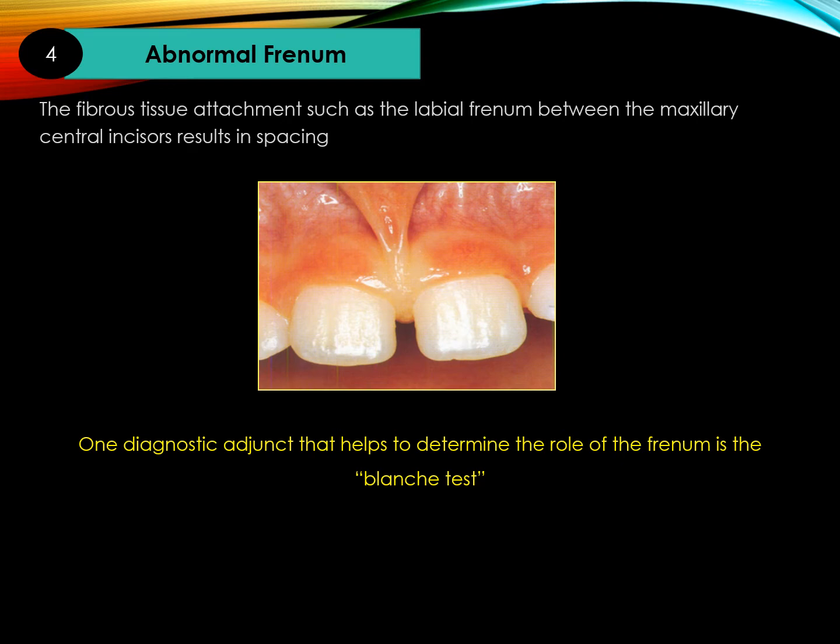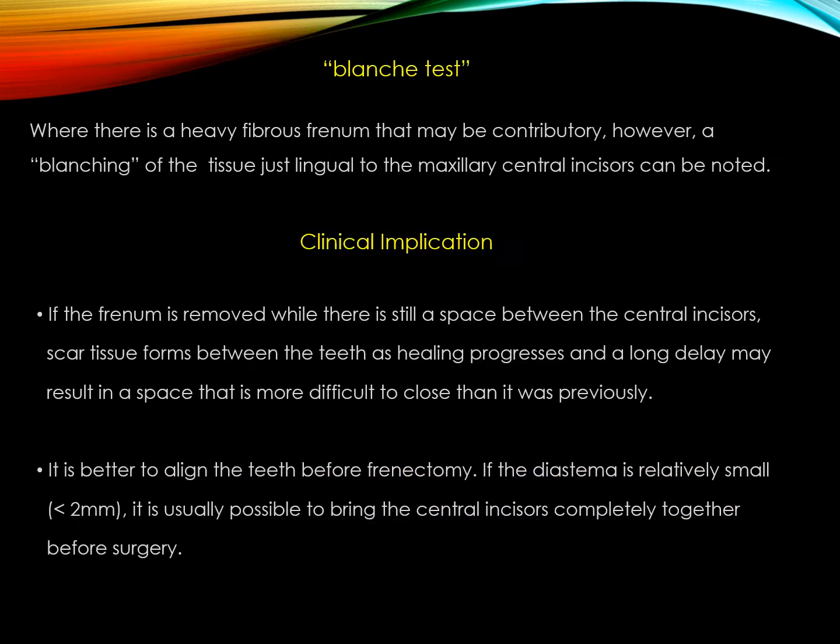So this is nothing but the fibrous tissue attachments such as the labial frenum between the maxillary central incisors. When they're placed in abnormal positions they can cause spacing, and there is a test to determine if there is a role of the frenum in such spacing, and that is known as the blanch test.